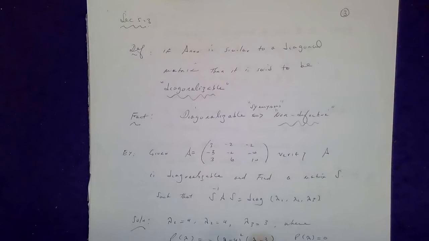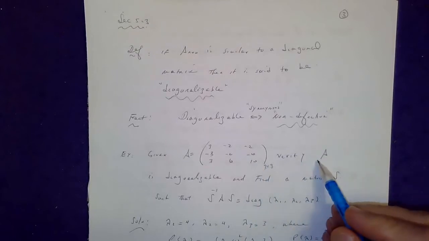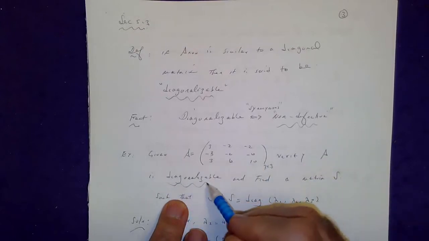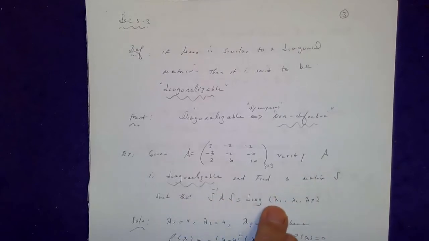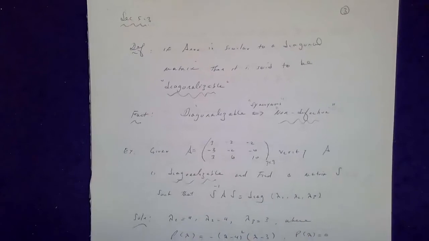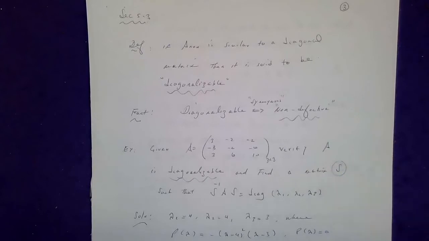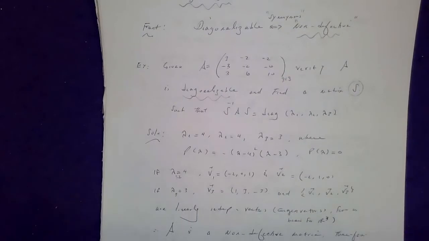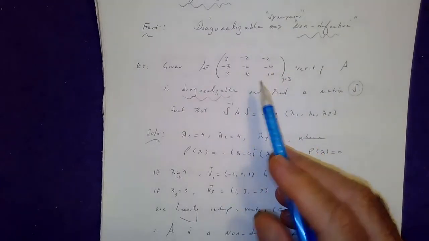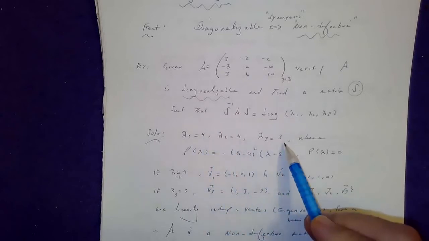For instance, let's say you have a 3 by 3 matrix, and you'd like to verify A is diagonalizable. So what you have to do is find a matrix S that satisfies this equation. Sometimes all they want you to do is find that matrix S and stop. But let's see, how would you do this? Suppose from previous sections you find the eigenvalues for this matrix as 4, 4, 3.